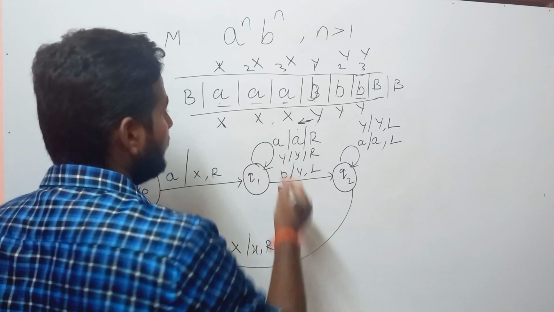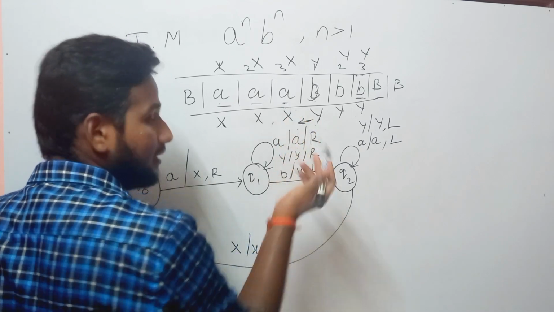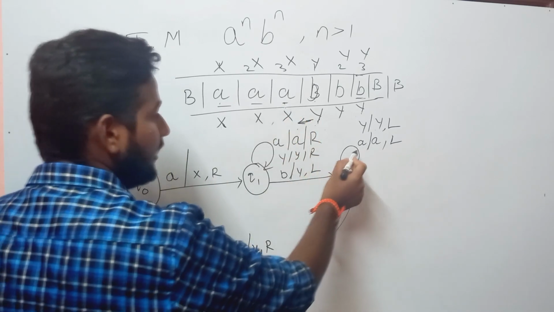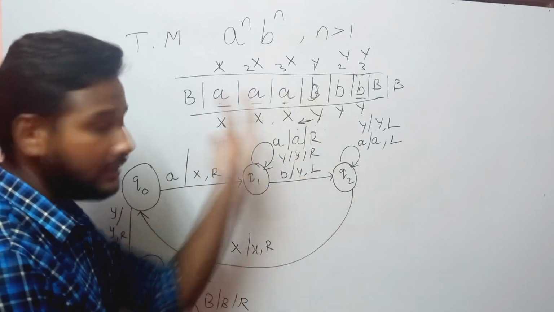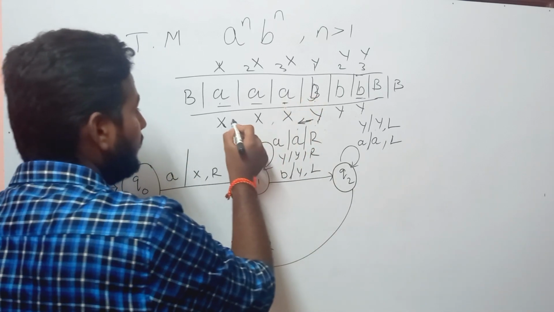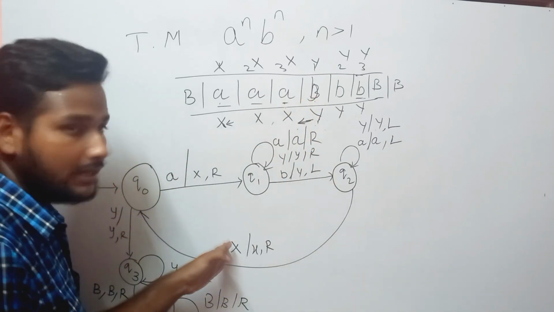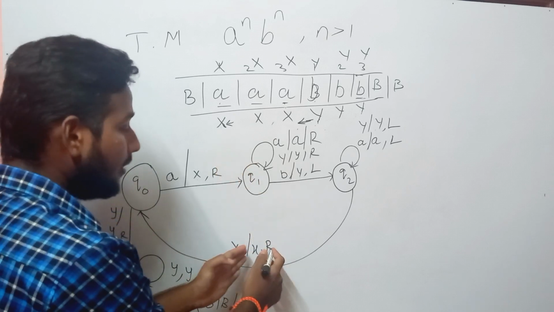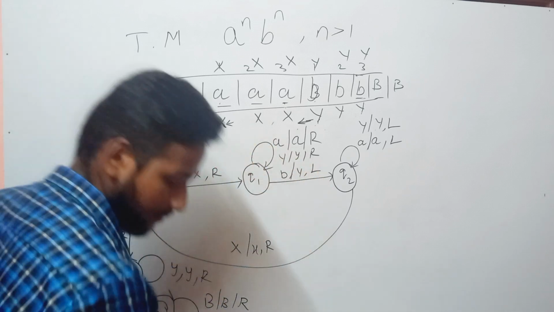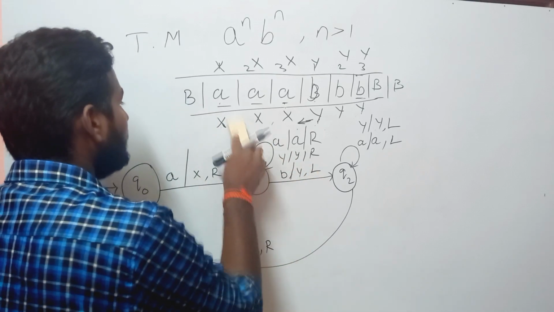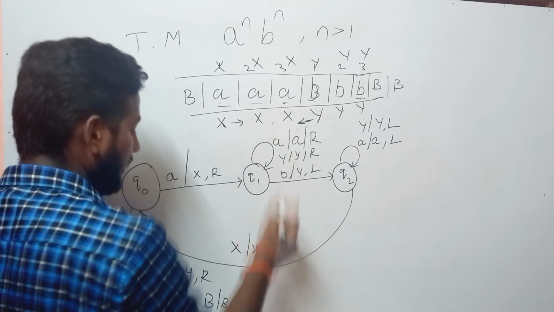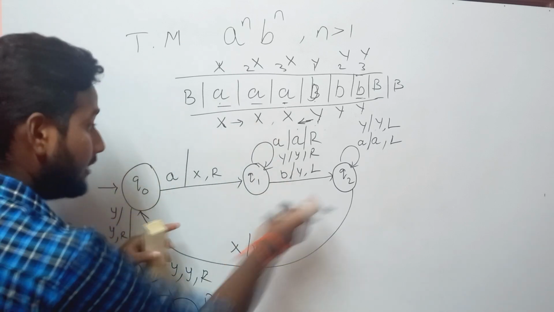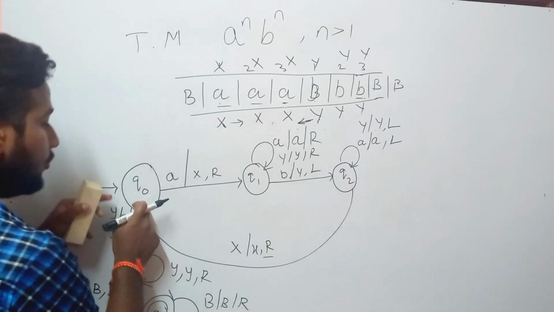Moving left, A remains as A until we get the X. When we get X, it remains X, but the direction changes towards the right and the state changes from Q0 to Q2.